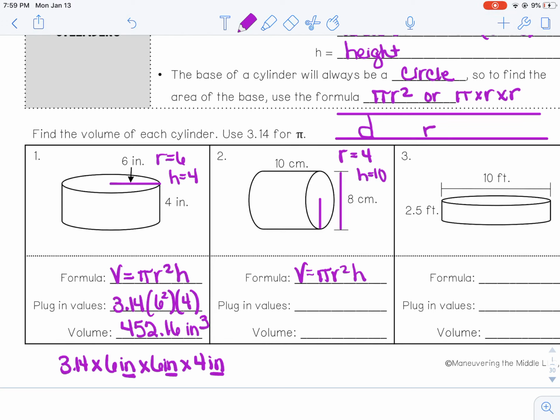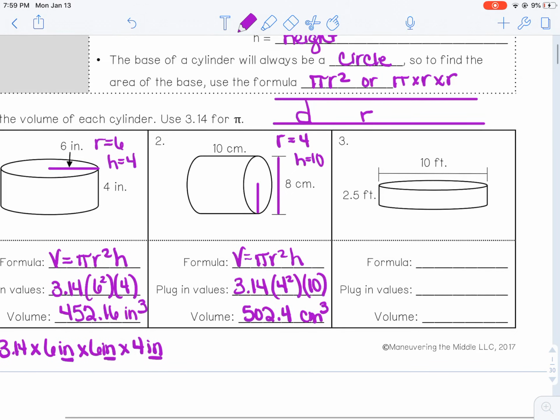So let's plug in those values: 3.14 times 4 squared times your height, which is 10 centimeters. 3.14 times 4 squared times 10 is equal to 502.4 centimeters to the third power. In class, I had everyone do number 3 on their own.